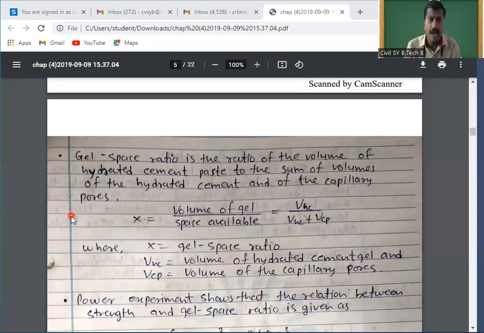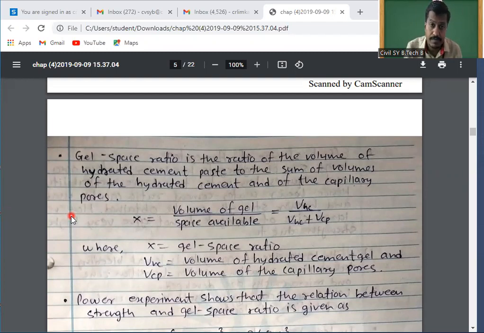Now, during the hydration process, as I told you, heat is liberated. Just take one example for your understanding. Suppose the percentage of voids in a given cement is initially 10%. Now you have added the water, and the heat of hydration has started.